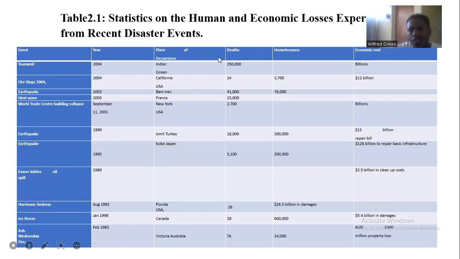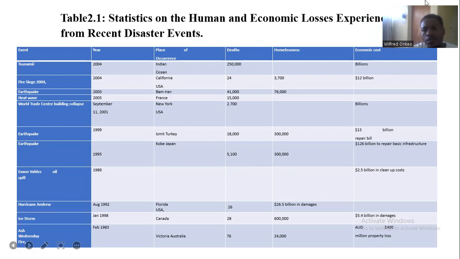So I have this table, and please bear with me, it might give you some hint of how this has been happening. This is a table of statistics of human and economic loss experienced from recent disaster events.